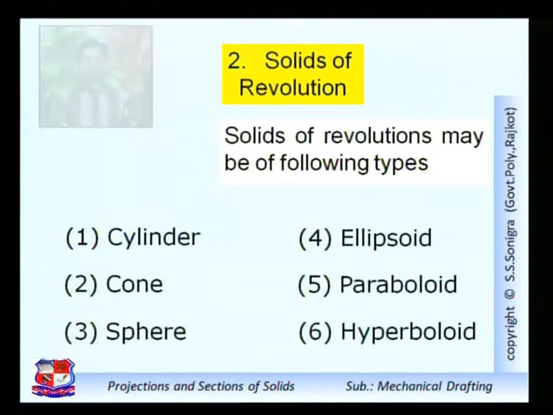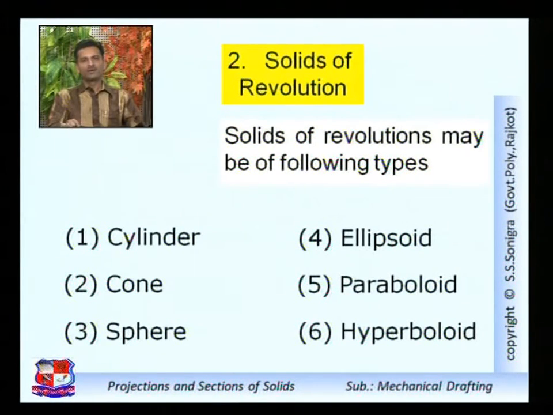The cylinder is formed by rotating a rectangle, the cone is formed by rotating a triangle, the sphere is formed by rotating either a semicircle or full circle about its diameter. Ellipsoid can be formed by a semi-ellipse, paraboloid by rotating a parabola, and hyperboloid by rotating a hyperbola about its base.